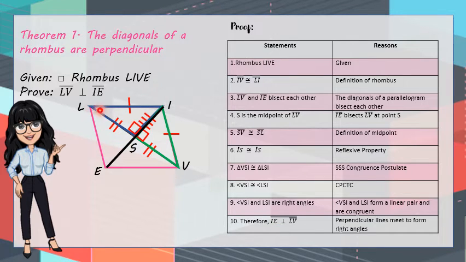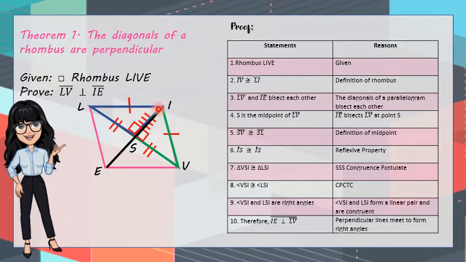So this is your LSI and this one is your BSI. Notice that they form one straight line. So meaning they are a linear pair. So if two angles are a linear pair, or if they form a line, and if they are congruent to each other, then we can say that each angle measures 90 degrees. One straight line here is actually 180 degrees.